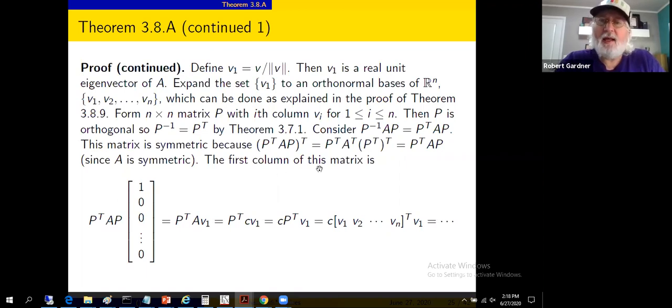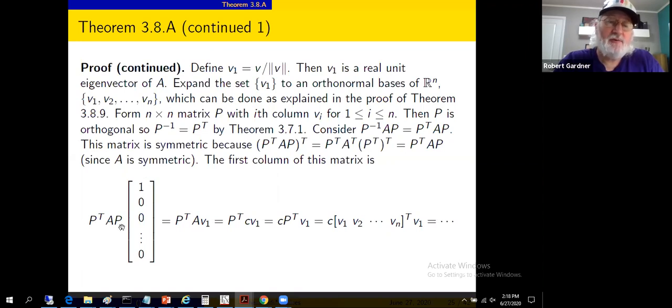We're going to look at the first column of the matrix P transpose AP. So we've got a matrix here. We're going to multiply it by the column matrix 1, 0, 0, 0, 0, 0. And think what happens. We'd have first row, first column. Second row, first column. Third row, first column. Whenever we do that, you pull one of these rows out of this matrix, the first entry's pulled off and all the others are lost because of these zeros.